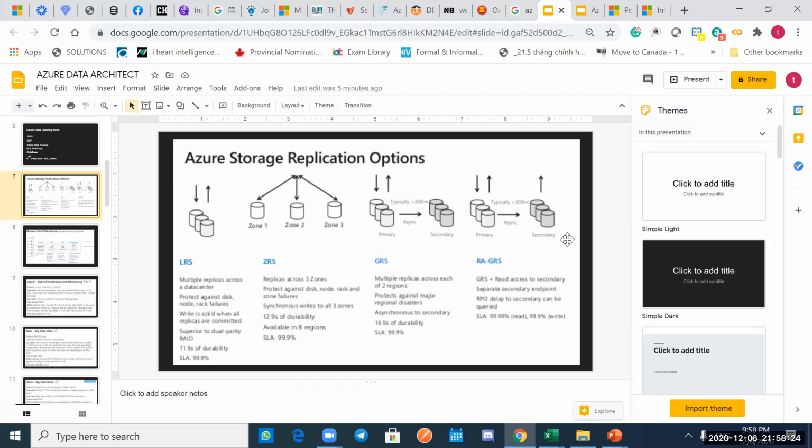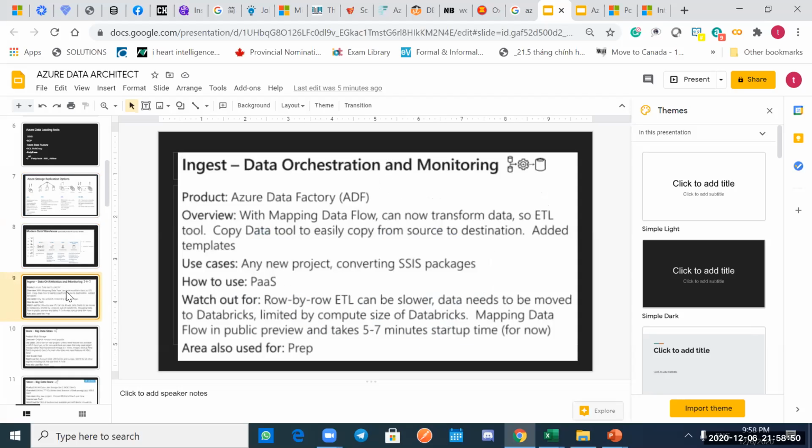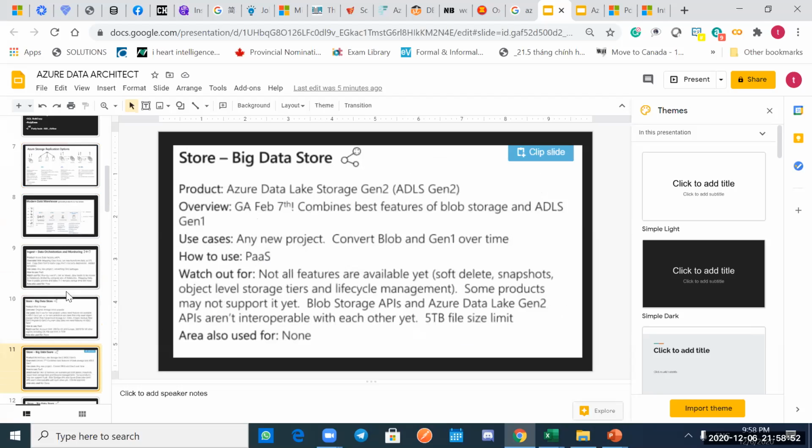Okay, so we talk about RA-GRS. It's basically GRS, but it has read access to the secondary, with a separate secondary endpoint. It also has an SLA of 99.9 for read and write. Okay, so let's stop here, and please go ahead and look at these slides first.